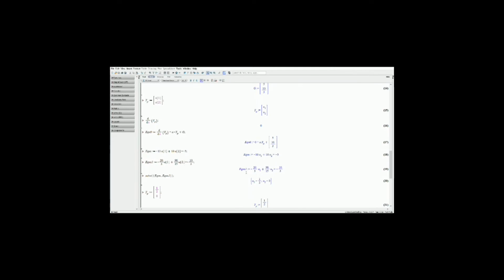What we get here is negative 20 over 3 u1 plus 98 over 15 u2 equals negative 10 over 3. That is the correct answer. As you can see, I use solve with equation x and equation 1 in brackets. So I get u1 equals 1 over 2 and u2 equals 0.